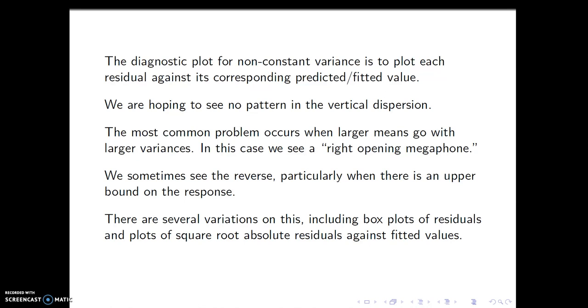What we most often see is that the larger means go with larger variances. That's common with a lot of statistical distributions, think Poisson or something. And in those cases, we do see a right opening megaphone. So that is like the most popular shape you'll see with heterogeneity indicating plots here.